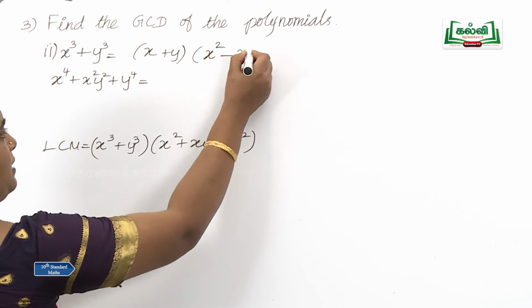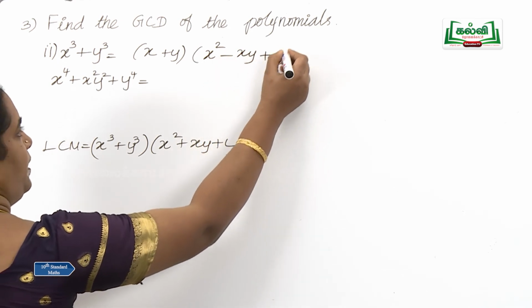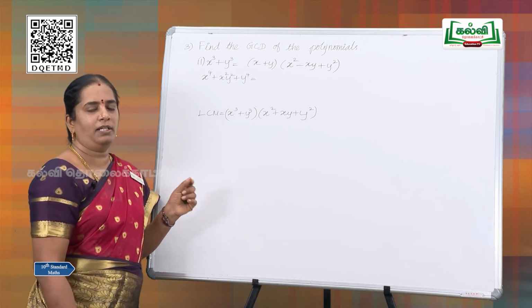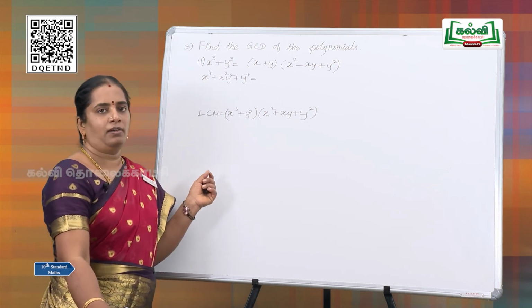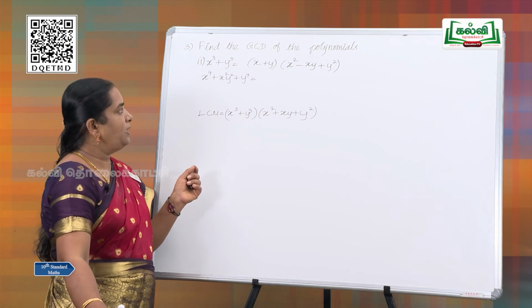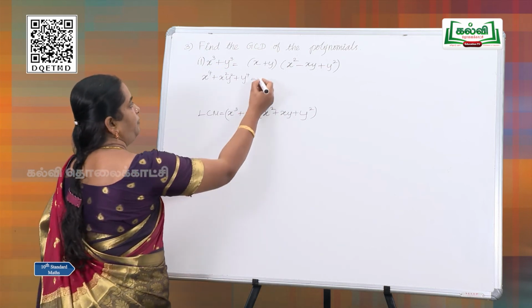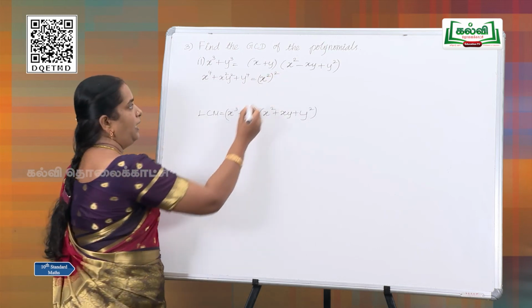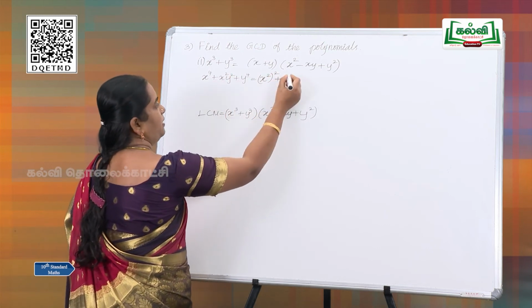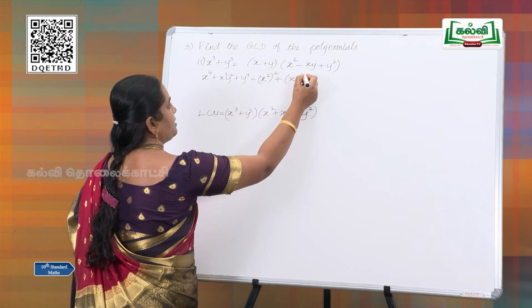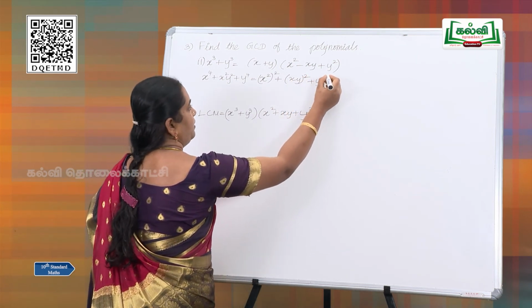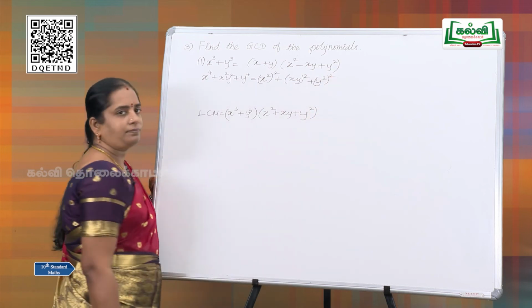So, ab is xy plus b square, and we are going to factorize this polynomial, which is a higher order polynomial. See, this polynomial has x power 4. We can take this as x square the whole square, and x square y square can be written as xy the whole square, and y power 4 can be written as y square the whole square.